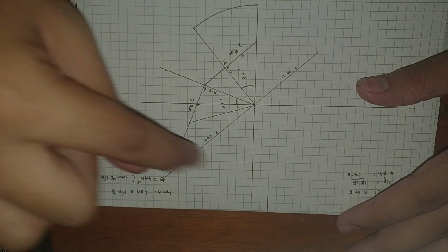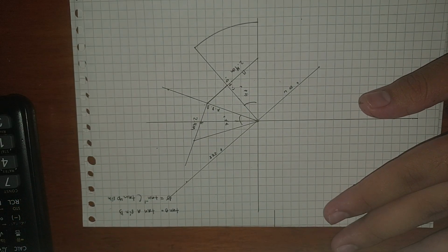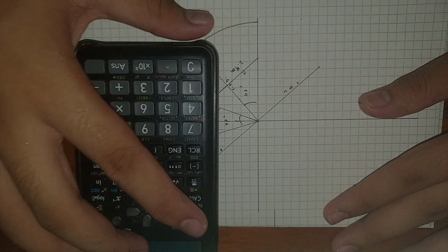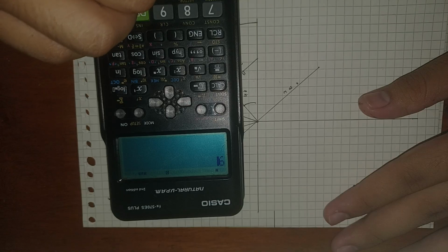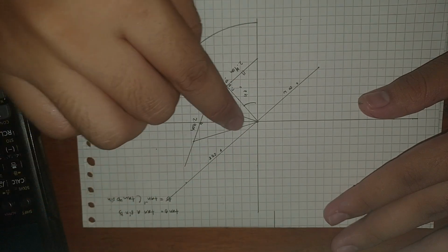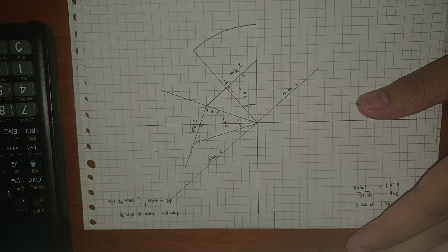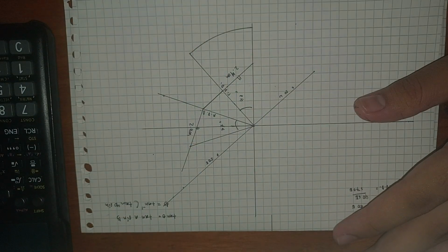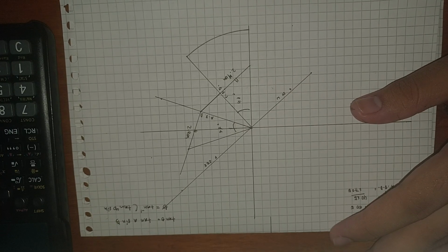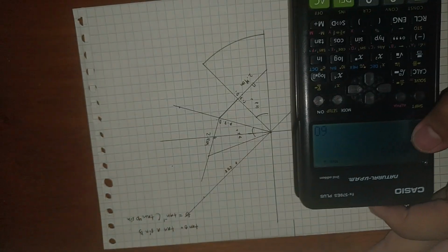So adding this, this is 90, this is 20. That is the apparent dip direction angle. So 90 plus 20 is 110. We subtract our strike, which is 50, which gives us 60.